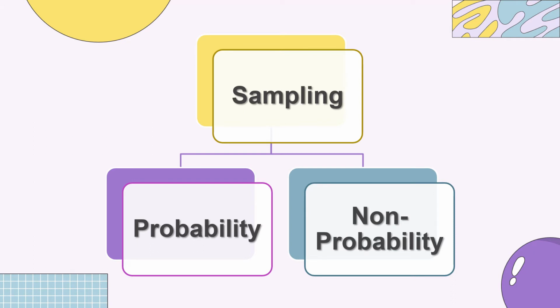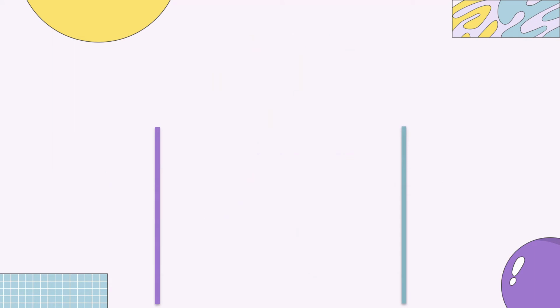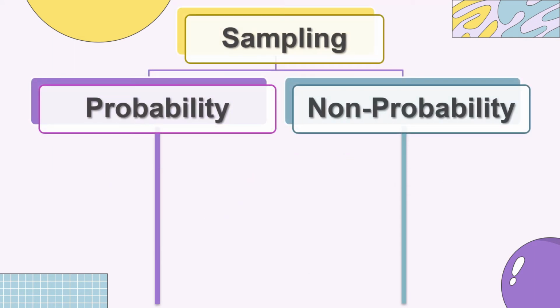Probability sampling is a method in which every member of the population has a known chance of participating in the study. However, in non-probability sampling, not each member has a chance to participate in the study. There are different types of sampling method under probability and non-probability method.